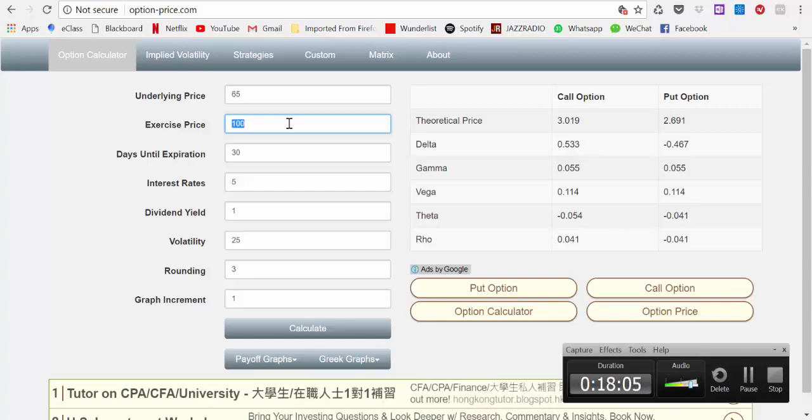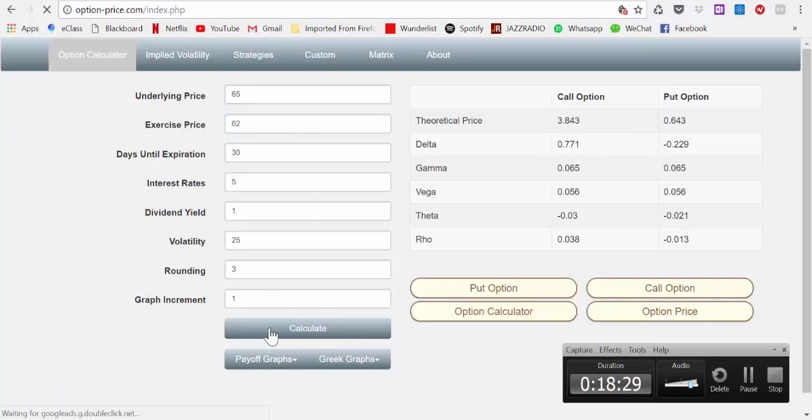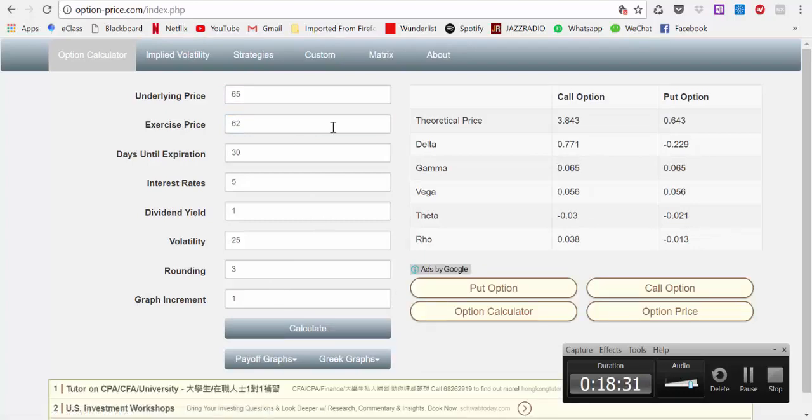Let's just say the exercise price was 60. Well, some of these parameters I have to just make them up. Doesn't matter. So you're pricing an option where the underlying, I'm looking at the puts, put option, maybe 62. $64. All right, that's more like it.